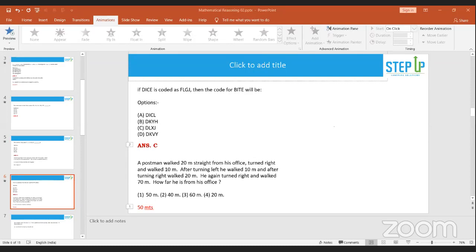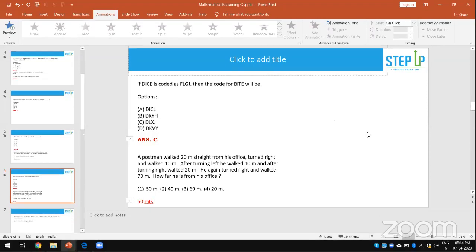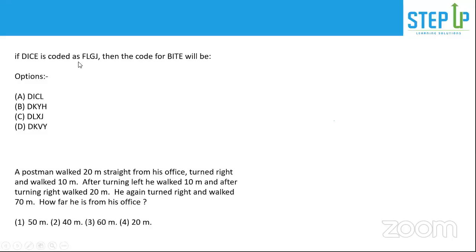All right, so should we discuss, guys? Again, very simple questions, right? So DICE is written as FLGJ. Now you guys tell me, we have done enough questions and this is an easy one. So I hope now you will tell me instead of me telling you.